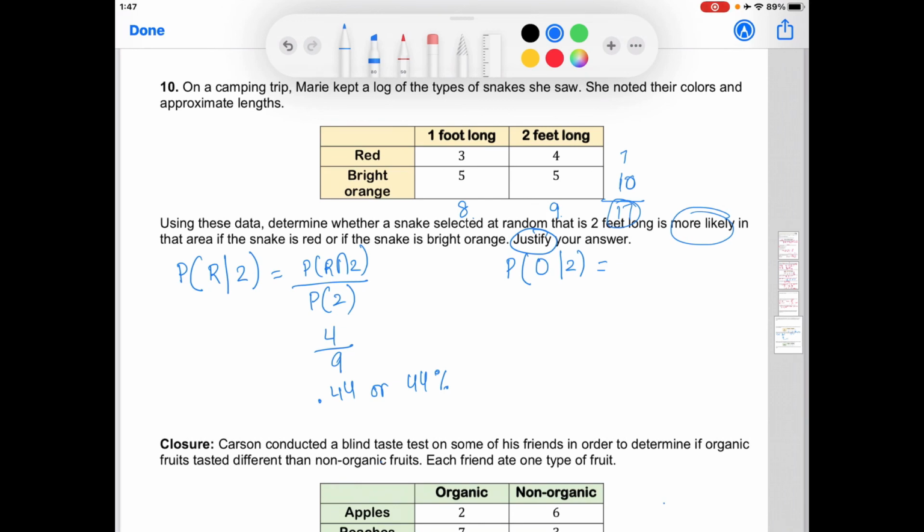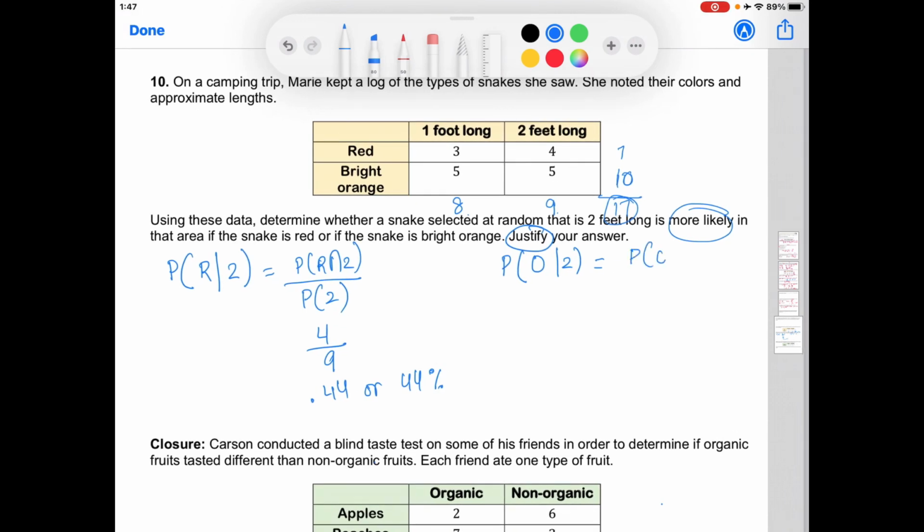The next one, orange given it's 2 feet long. So again, it's the intersection of the two events over probability of the given. So let's highlight the probability of orange, bright orange, which is this row, and 2 feet long, it is this row. Where's the overlap happening? At 5.